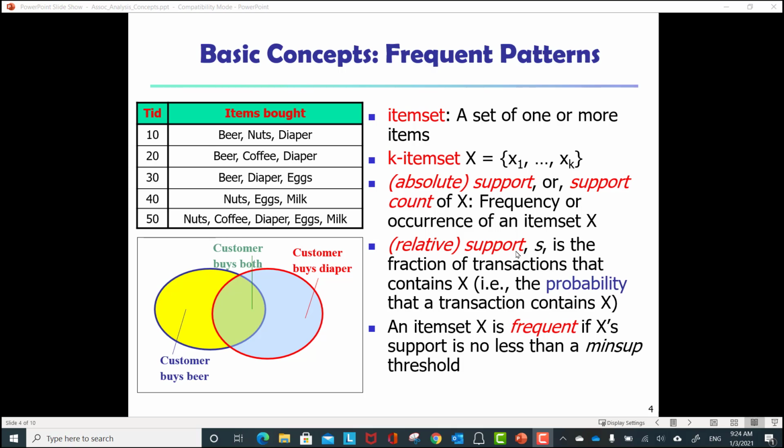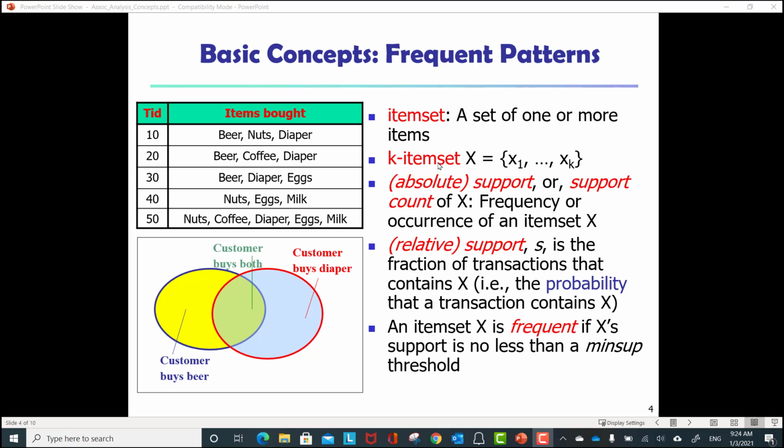All right, let's get familiar with certain terms. The first one is the item set. An item set is a set of one or more items. And a k-item set is an item set with k elements. Let me give you some examples.